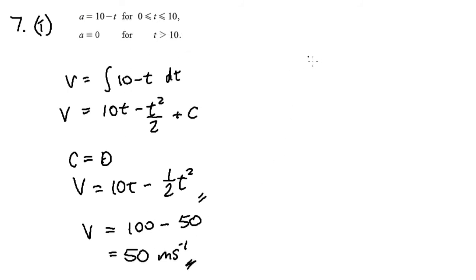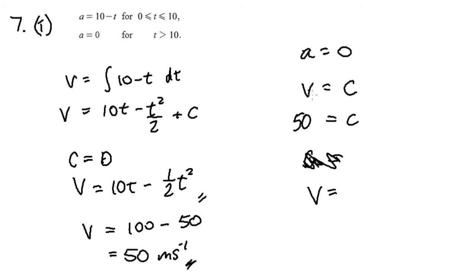And so the acceleration is 0, v is the integral of 0, which gives us a constant. So v is c, because the velocity at t equals 10, not t equals 0, is 50 meters per second. C is 50, and therefore the velocity for t larger than 10 is always 50 meters per second.